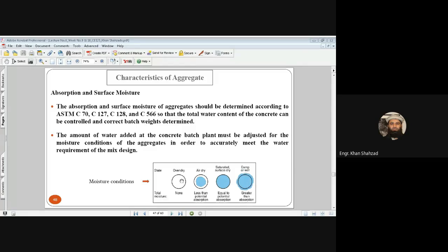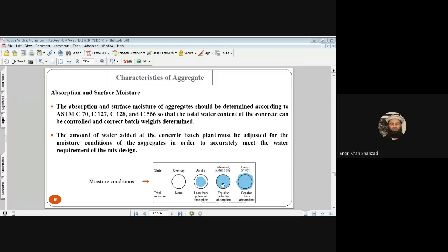अब देखिए, स्टेट है आपके पास ओवन ड्राई, so there is no moisture, there is no water. Now it is air dry, so we have no water on the surfaces, and the top surface is also dry. We have less than potential absorption. The potential absorption is this total. Now saturated surface dry, you can see this is completely saturated inside, but the surface is dry, so it is equal to potential absorption.